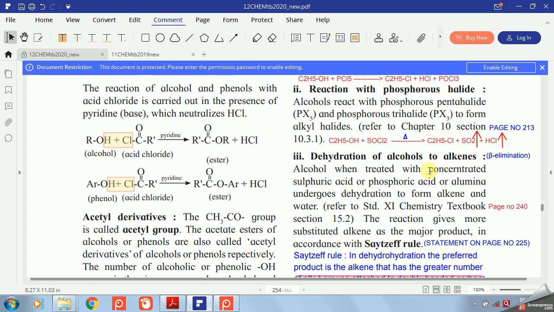So here are some reagents: concentrated sulfuric acid, phosphoric acid. Phosphoric acid is H3PO4, or alumina Al2O3. So they are used to form your alkene and the water is the byproduct.